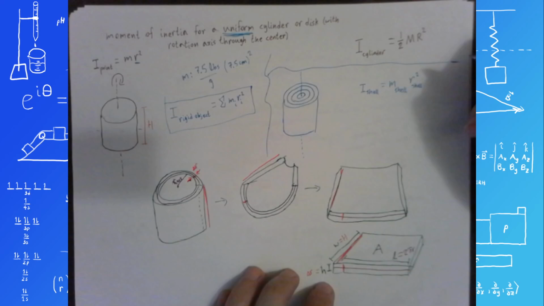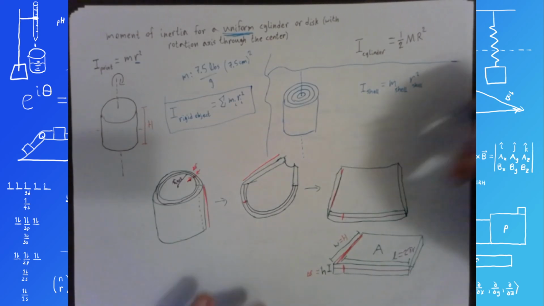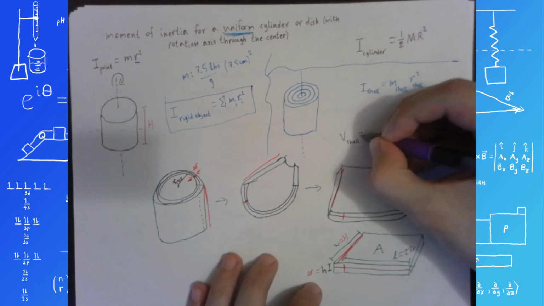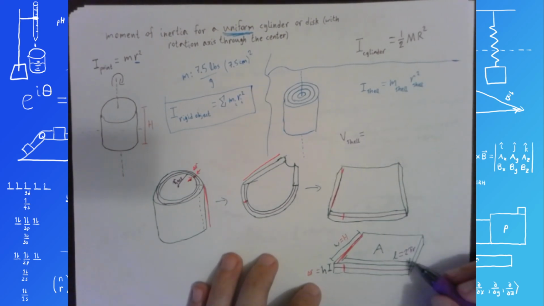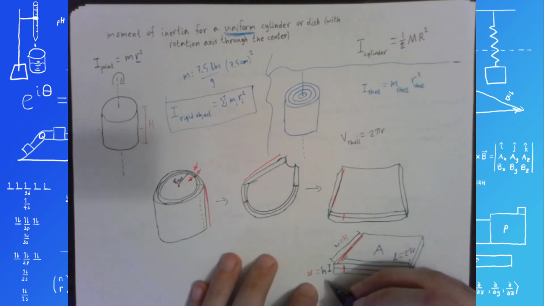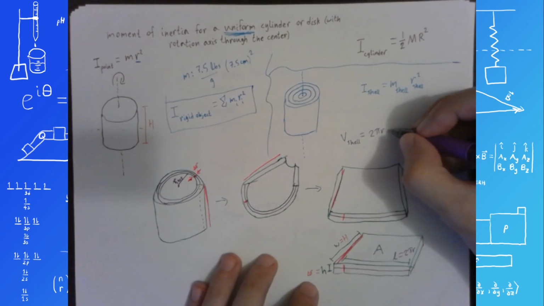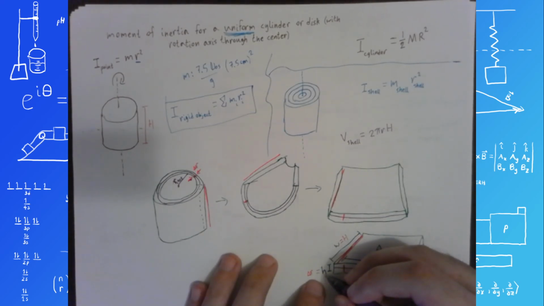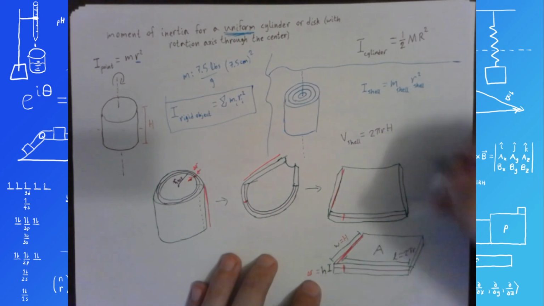So the volume of a shell, V of a shell, is equal to length, 2 pi r, times width, which is capital H, times the height, which is delta r.